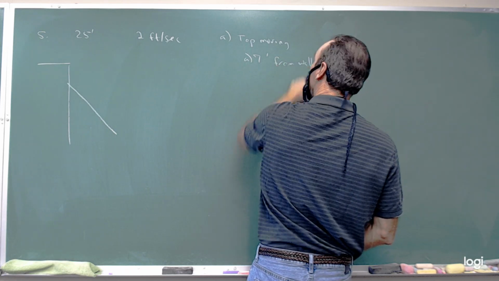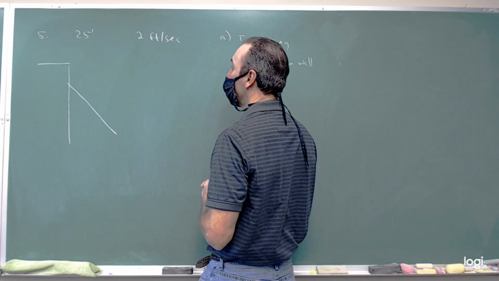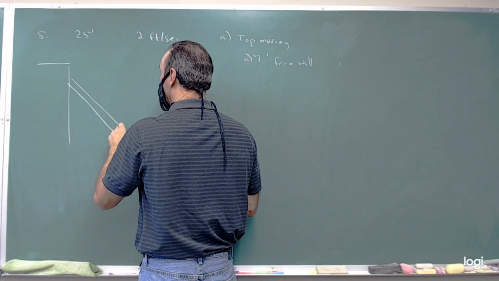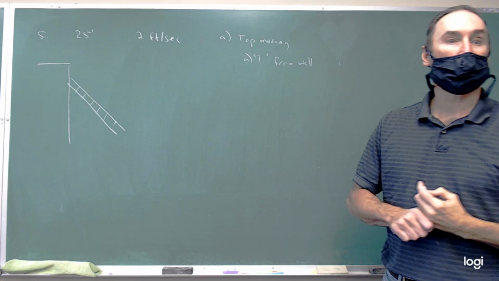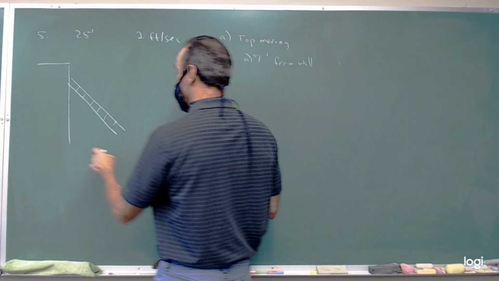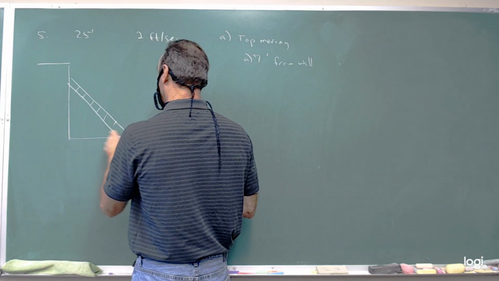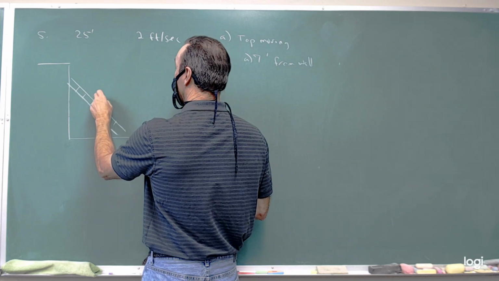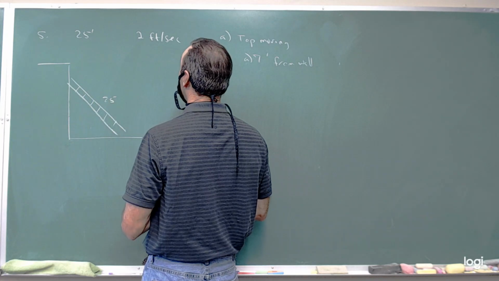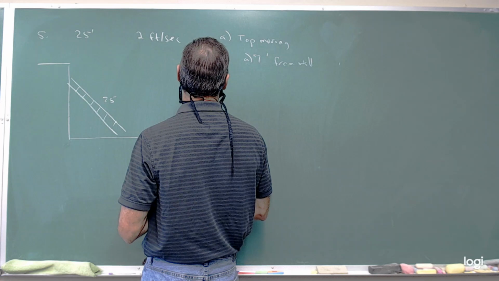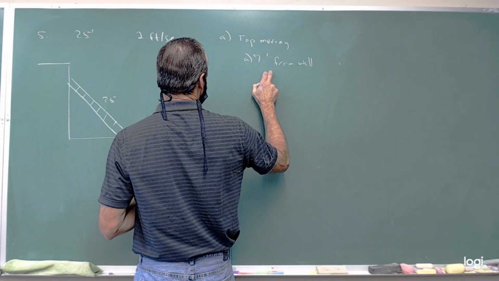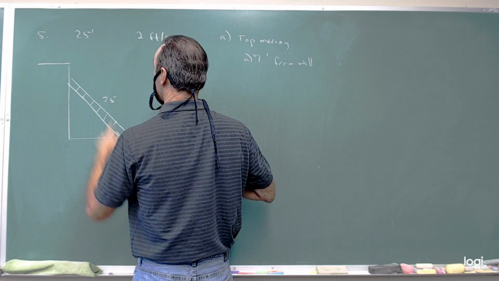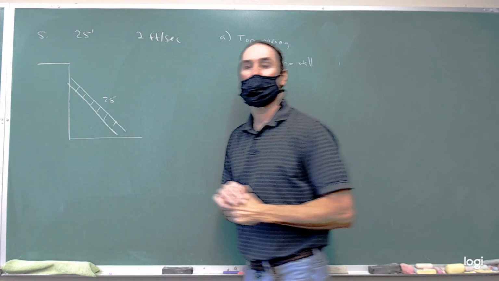Okay. So let's start with this. So we've got our ladder and it's leaning up against the house. And so the ladder itself is 25 feet. And let's name the variables here.